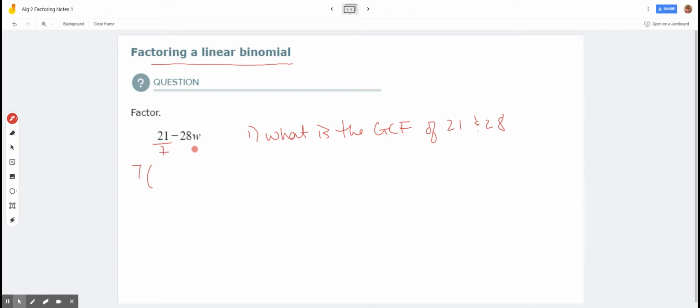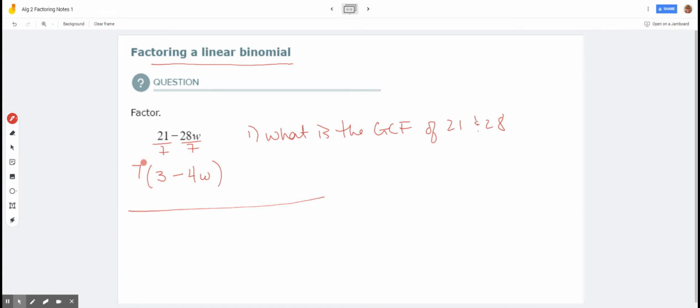You need to divide this by 7 and that by 7 because we're going to break it apart. So it's going to be 7 times 3 minus 4, and then w stays with it. Okay, that is one way to look at it. And that is the factorization.